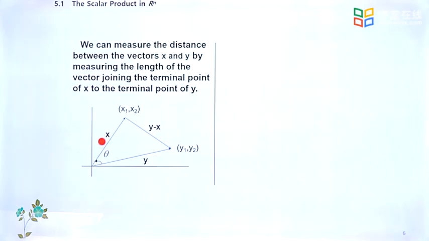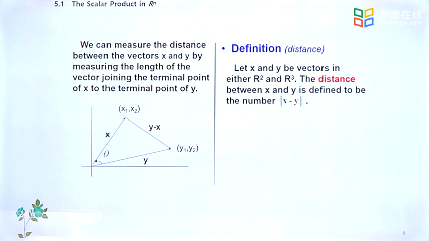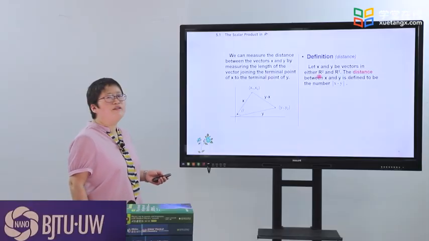We have x from the origin to this terminal point, and the vector y also from the origin to this terminal point. Then this vector is y minus x. If you want to measure the distance between x and y, you can just measure the Euclidean length of this y minus x.